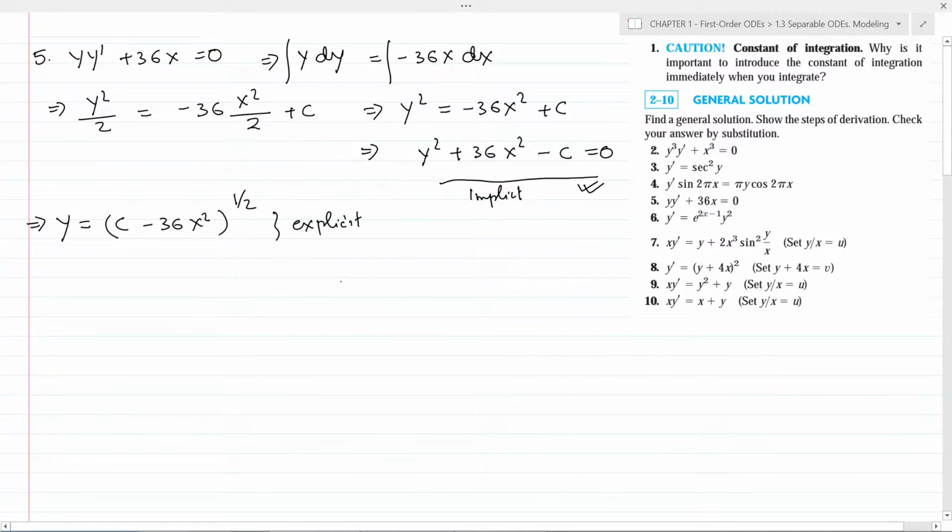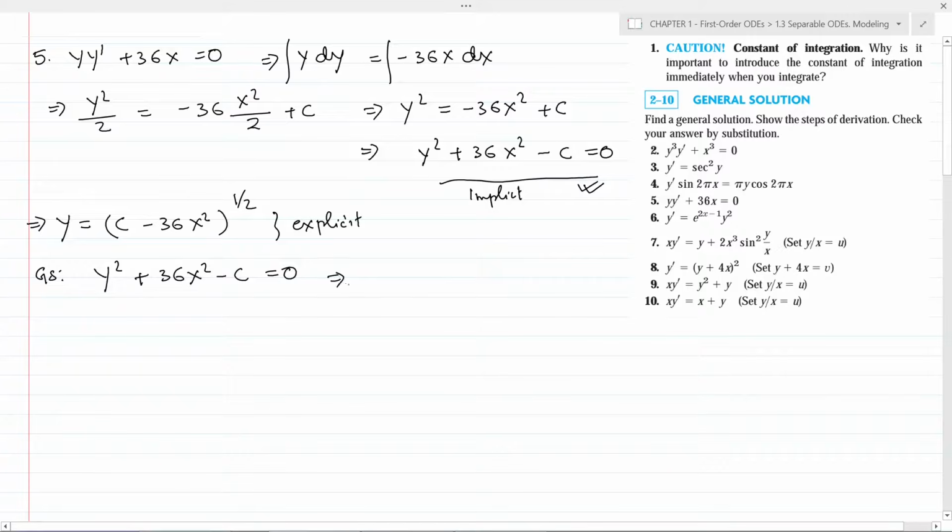We can differentiate either the explicit or the implicit form of the general solution to get the original differential equation. Here we will use the implicit form. The implicit form of the general solution is y square plus 36 x square minus c is equal to 0.